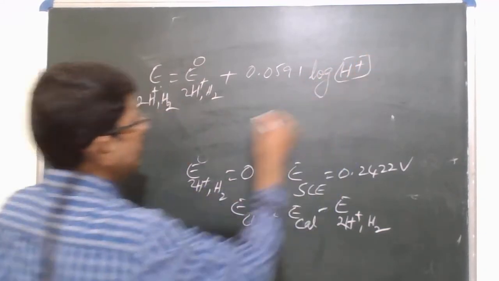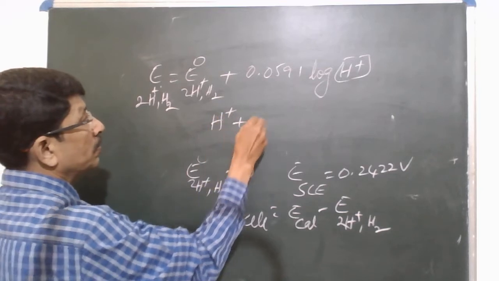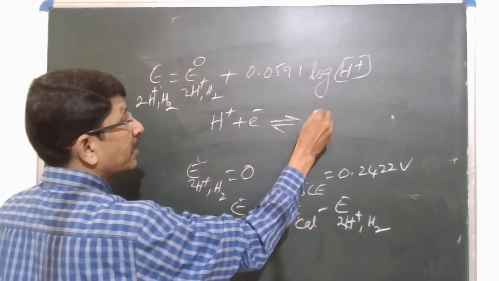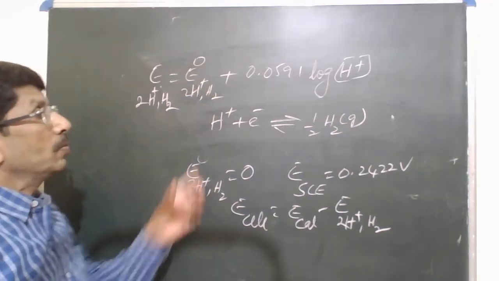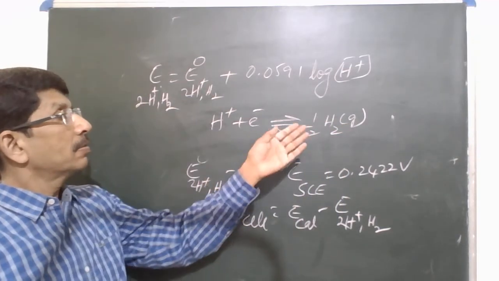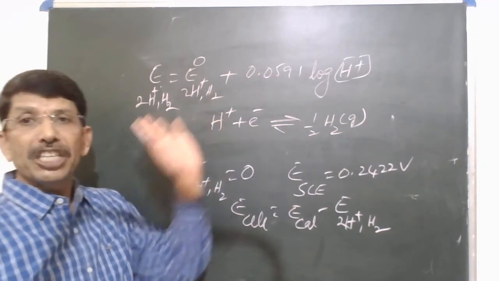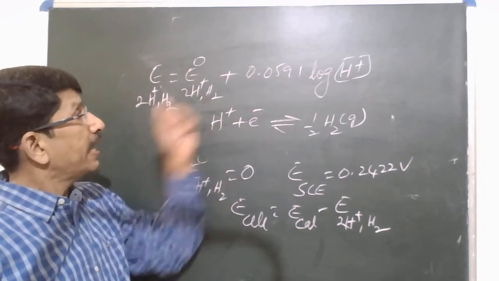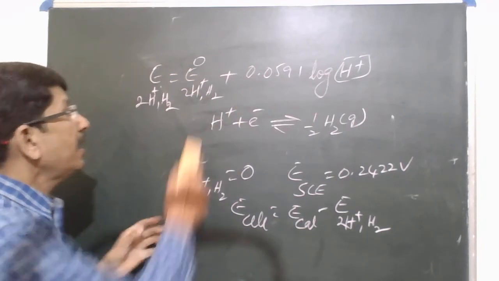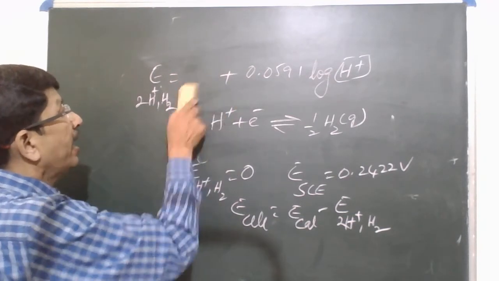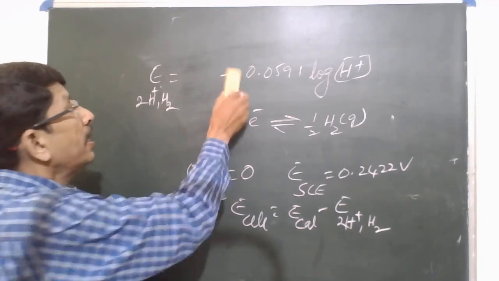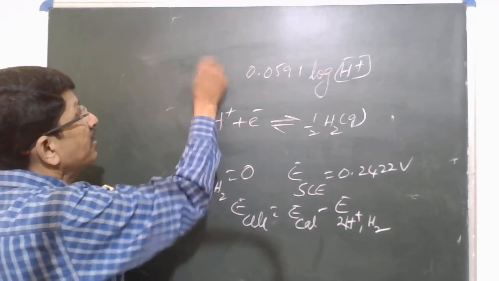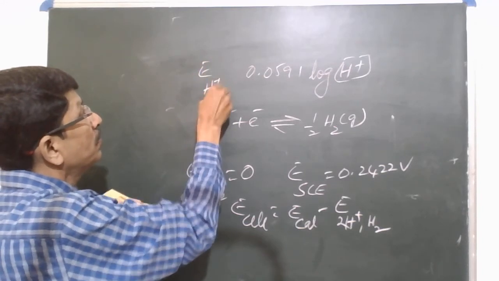Because the electrode reaction at hydrogen gas electrode is this. We write 2H plus or 1H plus, the equation remains the same. So this is the electrode potential of hydrogen gas electrode, and standard electrode potential of hydrogen gas electrode is 0. Therefore, the electrode potential of hydrogen gas electrode is given by this expression.